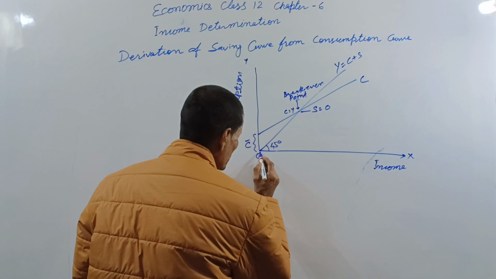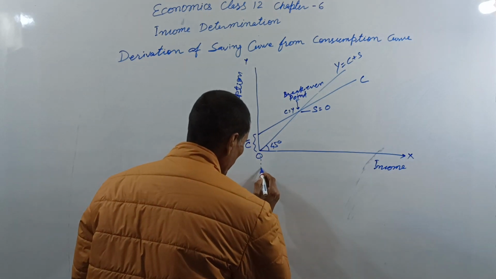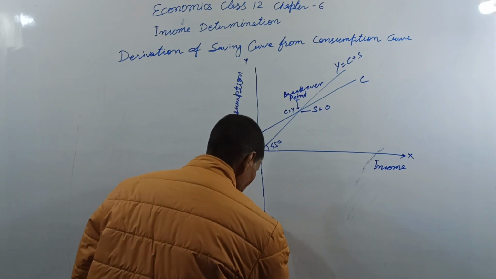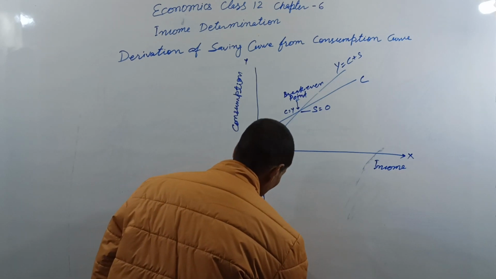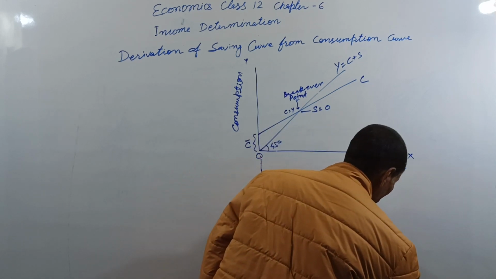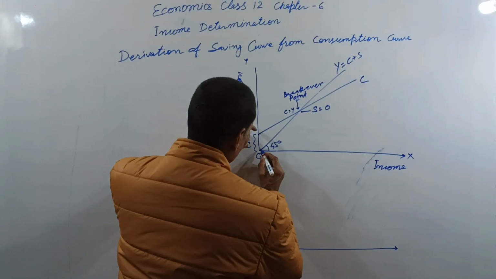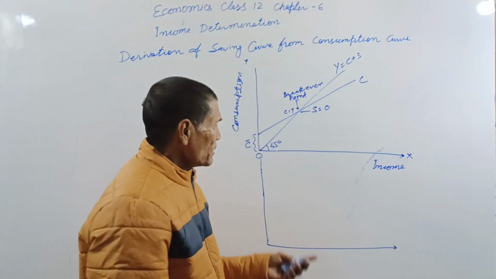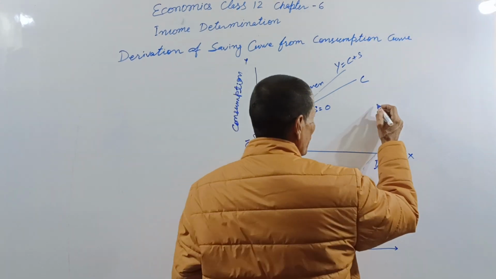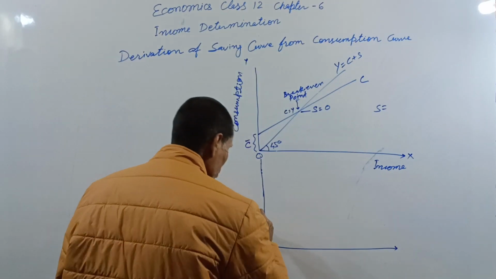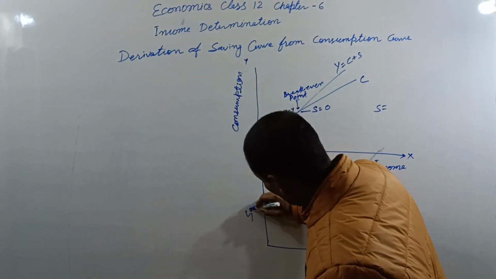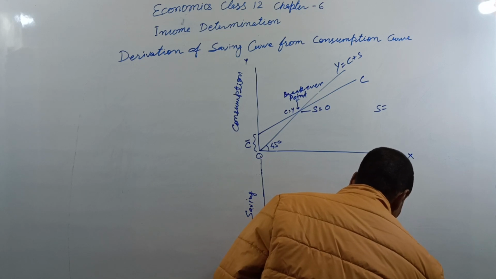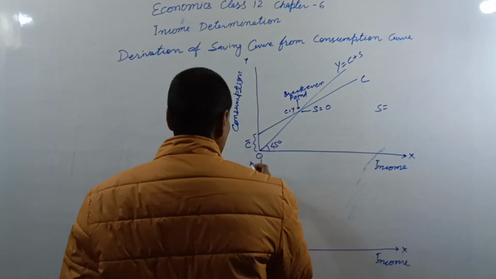So how will you draw it? Just below this, you draw a line. At zero level of income, what is saving? Suppose we are going to measure saving here, and here is income.